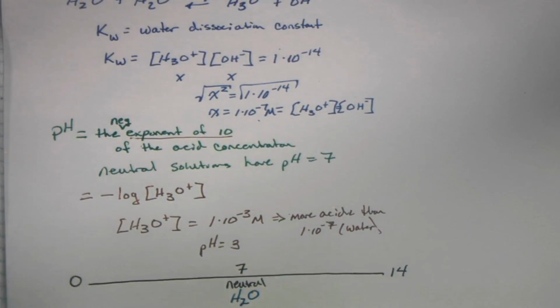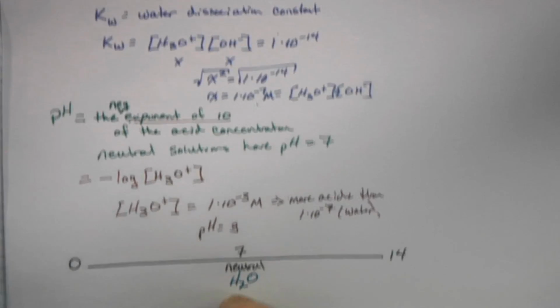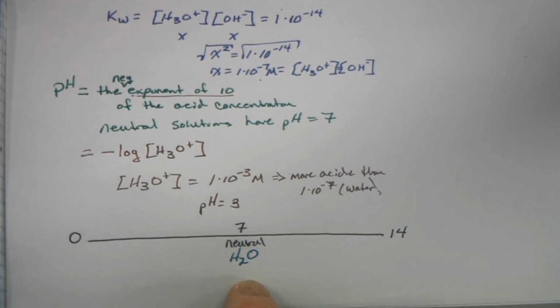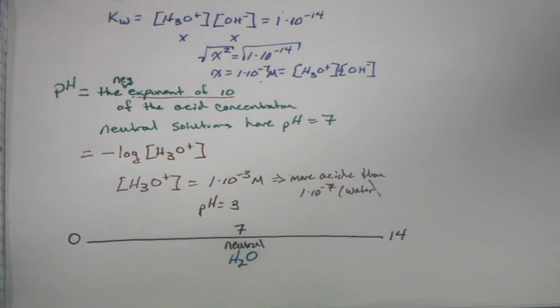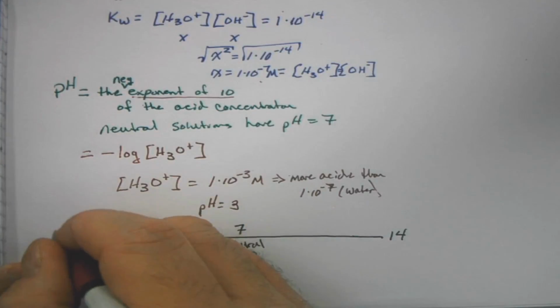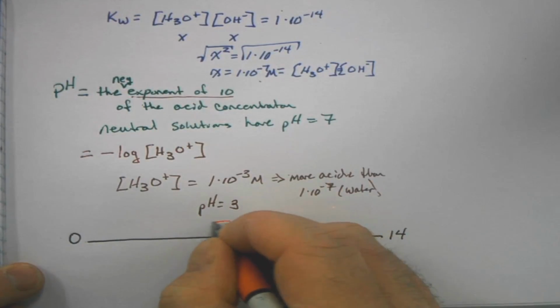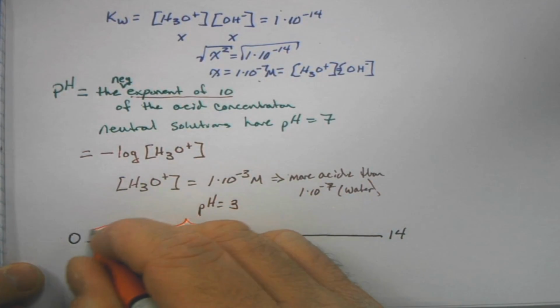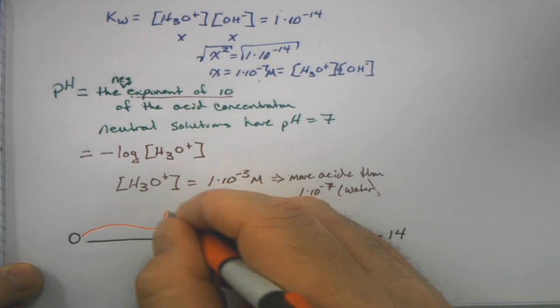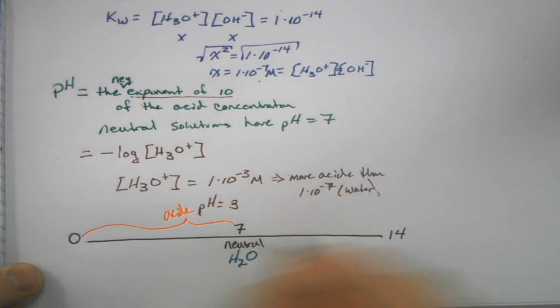Okay, so that 7 is our neutral value, neutral pH. It's the same pH as water. We have less than 7, everything over here is acidic.